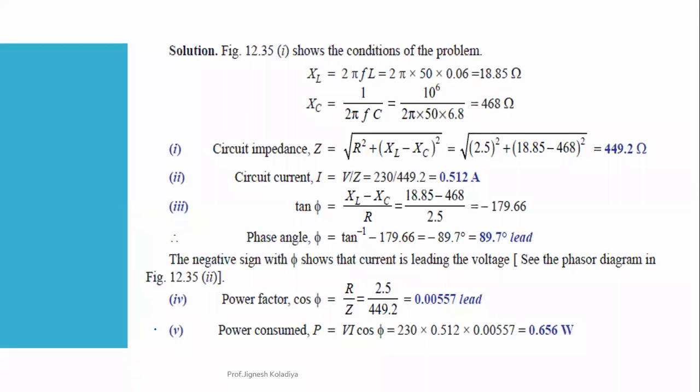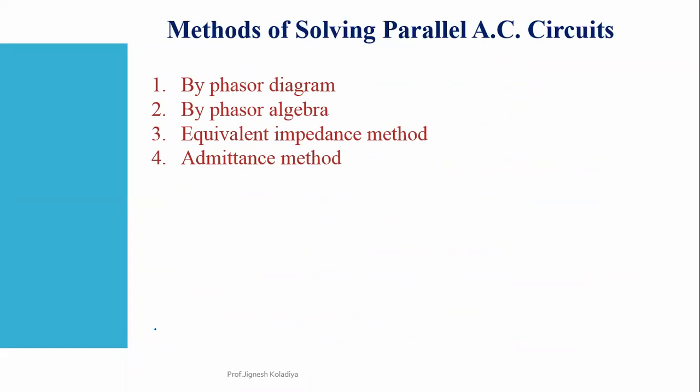If you find any difficulty, just tell me so that I can solve one or two more numericals in this session. Right now I'm stopping with this numerical, and we will start our new topic, that is the methods for solving parallel AC circuit.